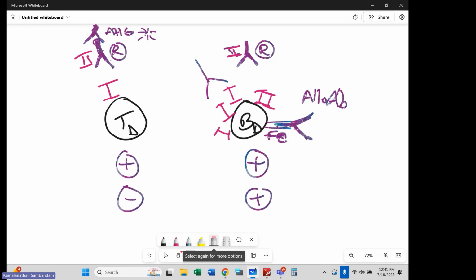A cytotoxicity crossmatch, on the other hand, let's just focus on the left side.